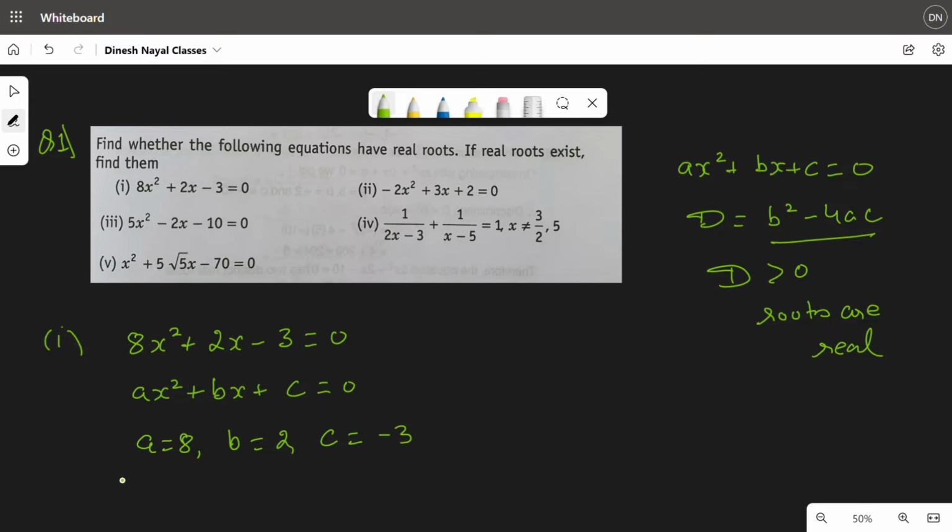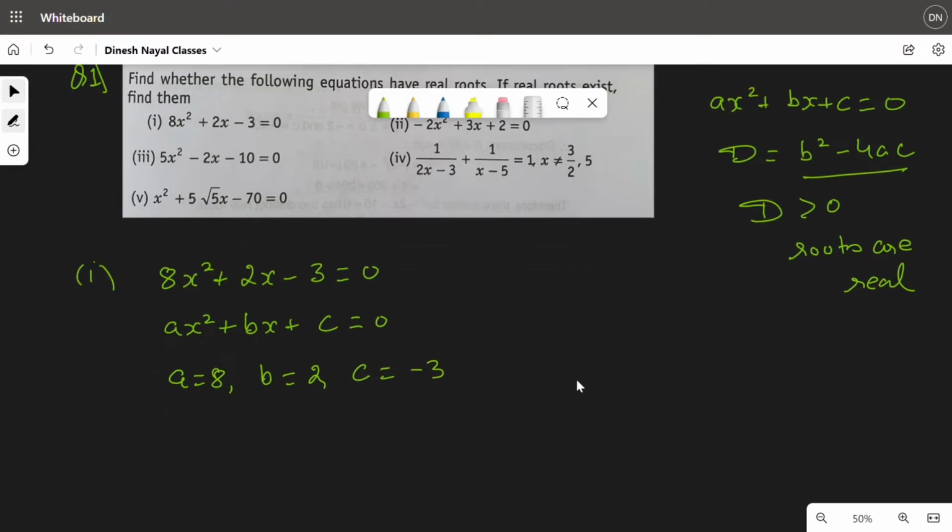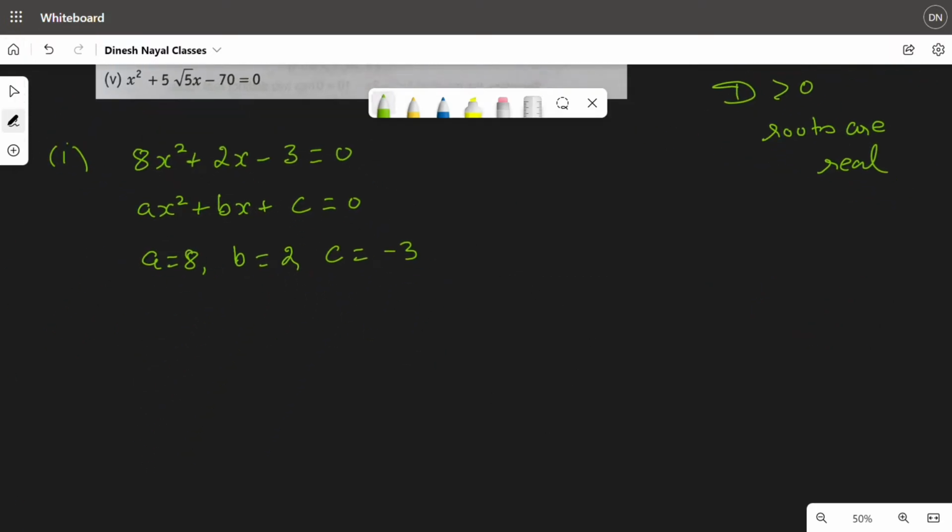Now finding the discriminant. We know that the discriminant is b square minus 4ac.